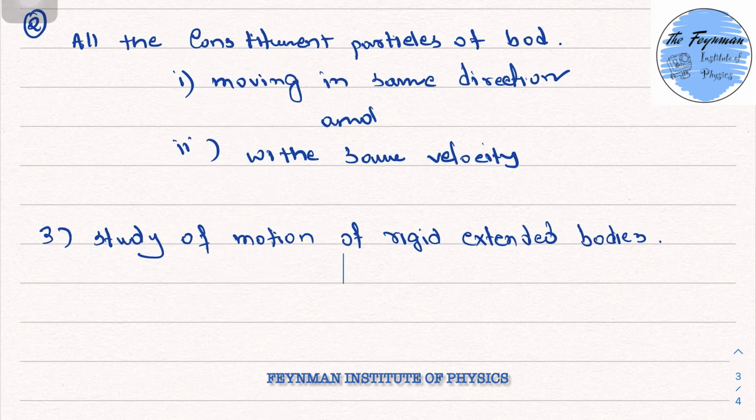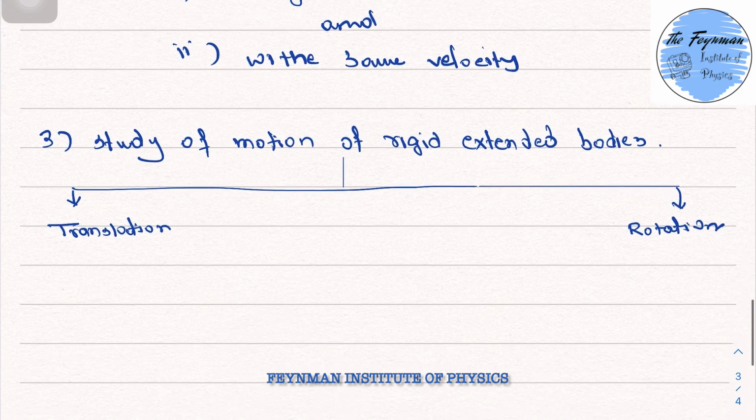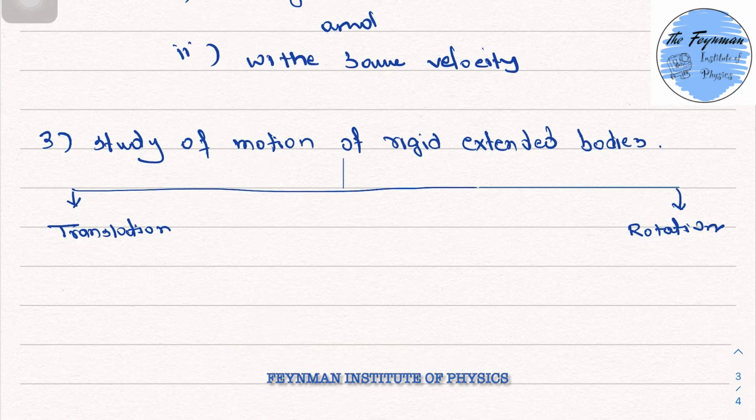First one is translation, and the second one is rotation. Although these two motions occur simultaneously in a body, for the sake of simplicity of analysis, we will divide it into two different chapters.